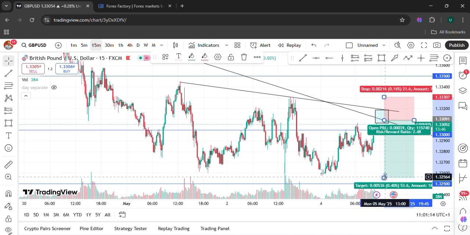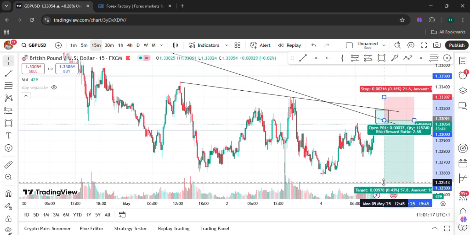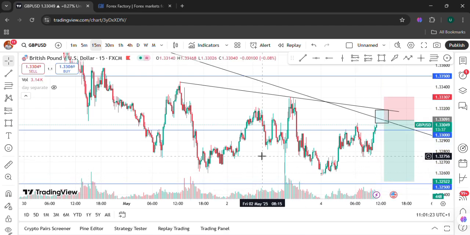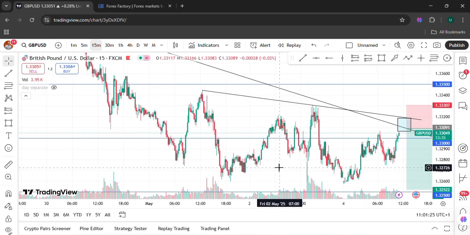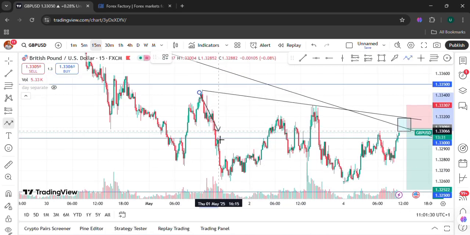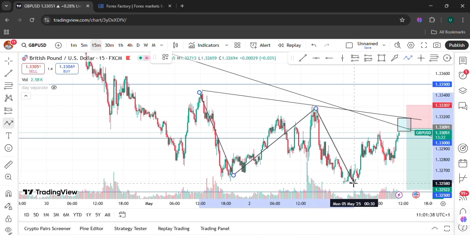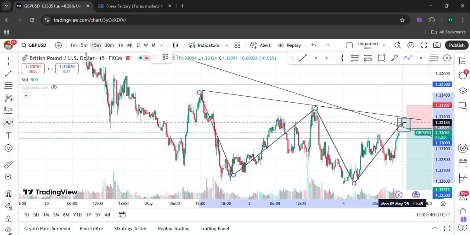Let's say up here, then we target times 2 to this psychological level, because we're in a downtrend. You can see that sharp downward move, then a correction, and that downward move again, and the correction. Then we can be expecting another downward move. That's how I analyze the market.